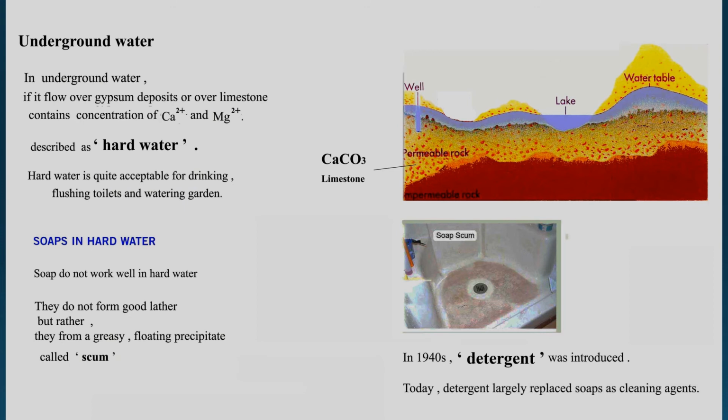It does not form lather, but rather forms a greasy floating precipitate we call scum. In the 1940s, detergent was introduced because of this reason, and it largely replaced soap as a cleaning agent.